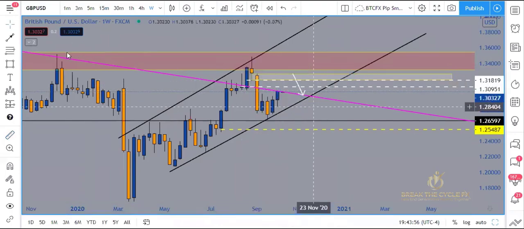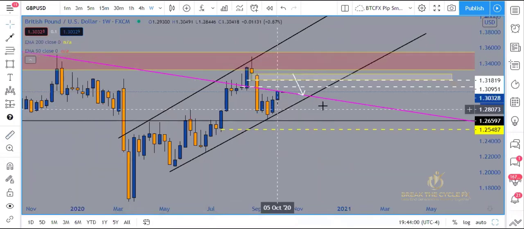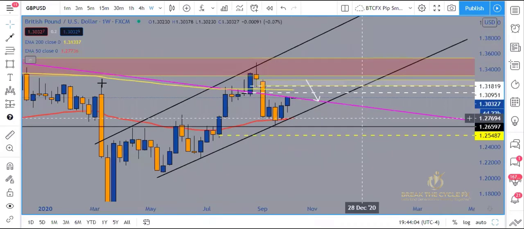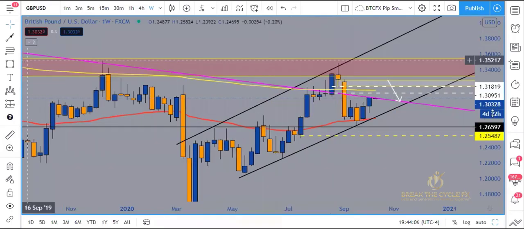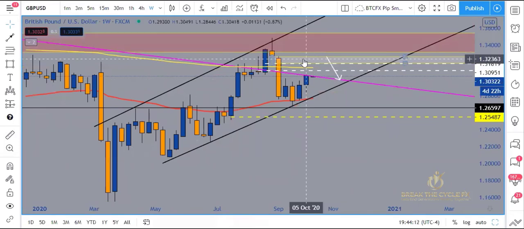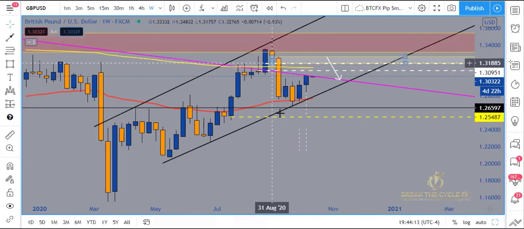We're going to look down at the smaller time frames to see how things line up. I'm probably going to stick with my analysis of seeing the rejection right up here, especially after putting my EMAs on here. Price is just playing in between the EMA 50 and EMA 200, so be careful in this area.